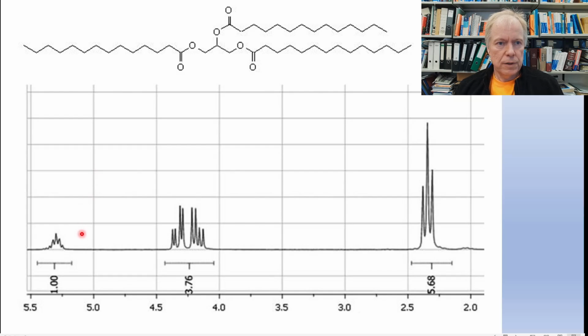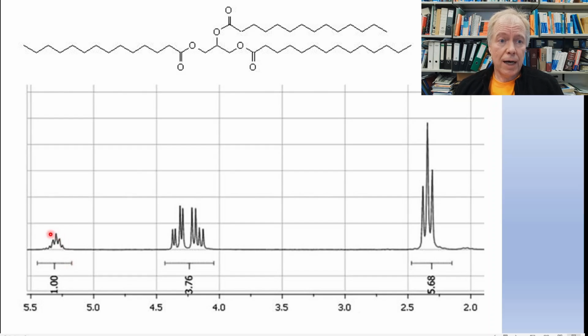Let's have a look at the signal we have at lower field. One integral is 1 hydrogen. Well, this is that hydrogen sitting at the alpha position of that oxygen, and it has 2 oxygens in beta position, and this is the reason why the signal is at the lowest field.